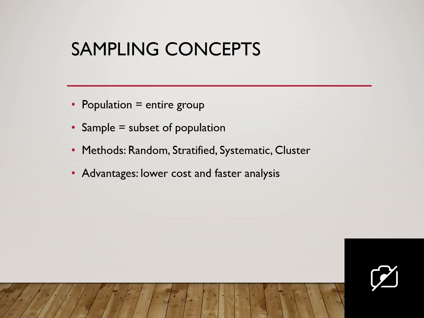For example, all students of a university may be considered as a population. Students of a particular department are considered as a sample. Students of a particular year may be considered as a sample.